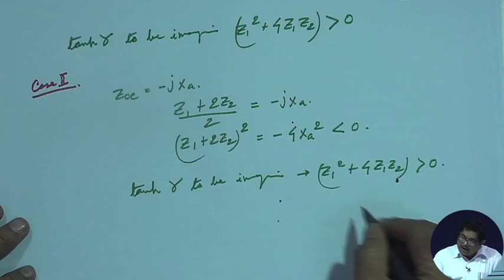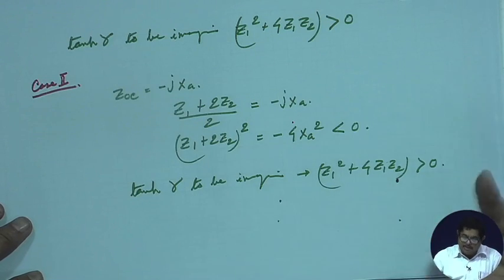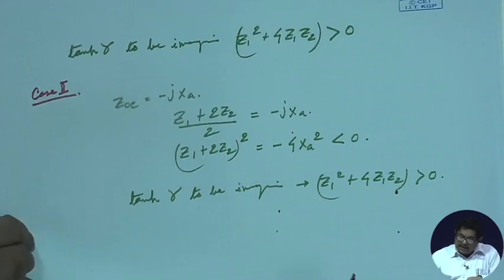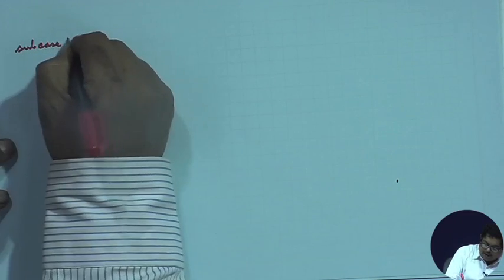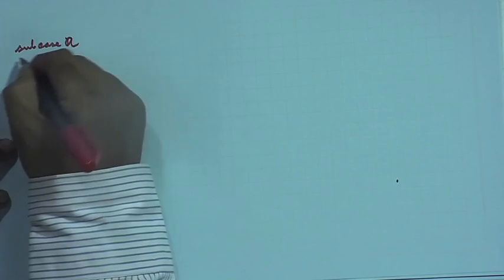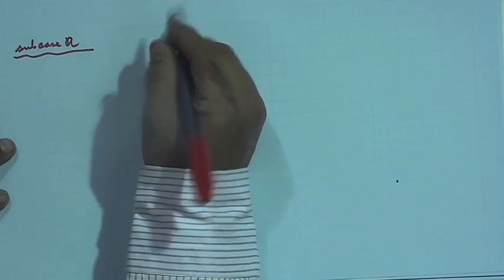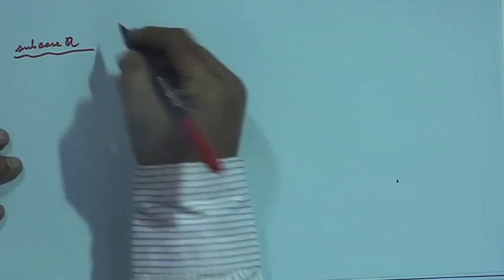Now Z1 and Z2 are reactive elements, so again there will be various sub cases. Sub case A, because there will be various choices of Z1, Z2.